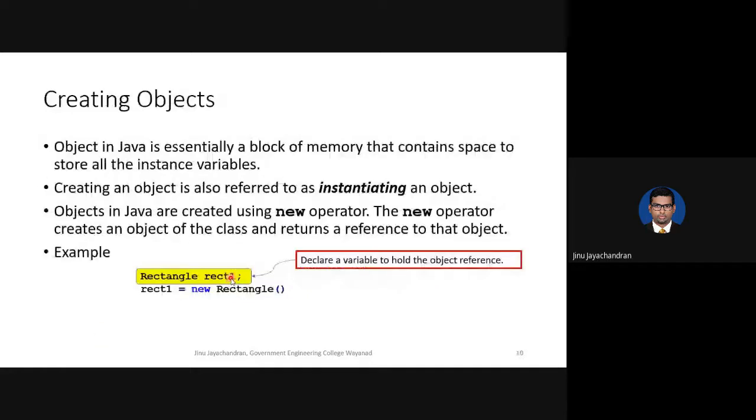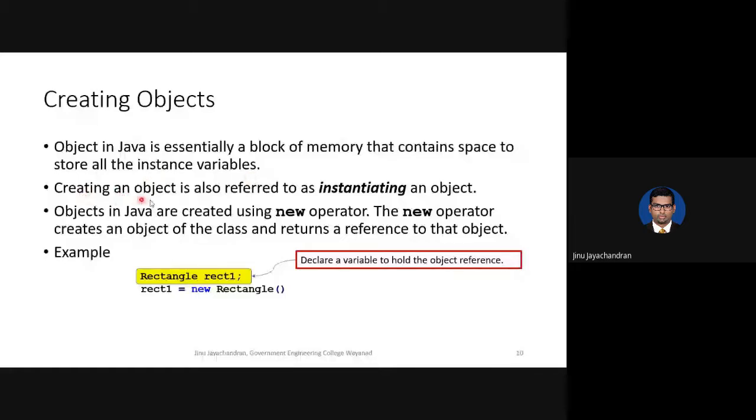So we have seen how we can declare a class. In C++ we have also seen we can declare an object of the class. There is a small difference in defining an object of the class between C++ and Java. An object in Java is essentially a block of memory that contains space to store the instance variables.